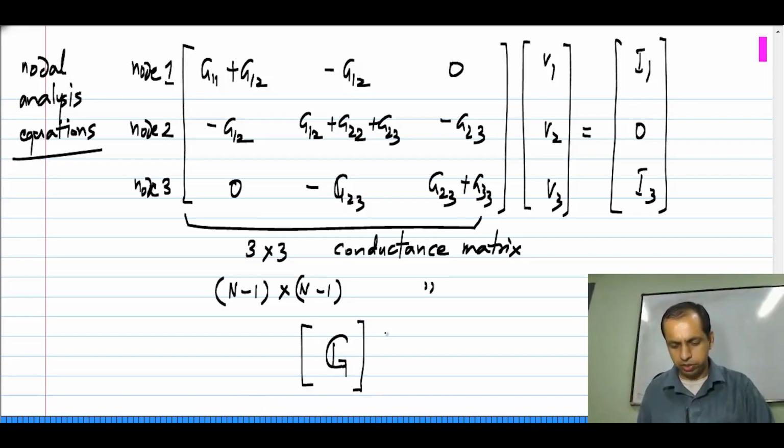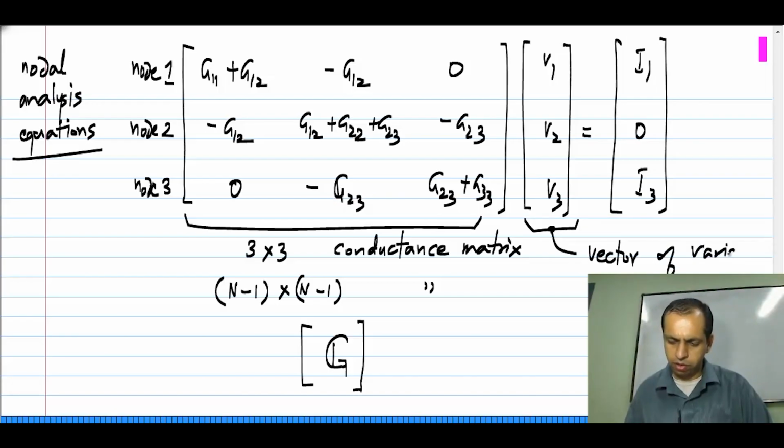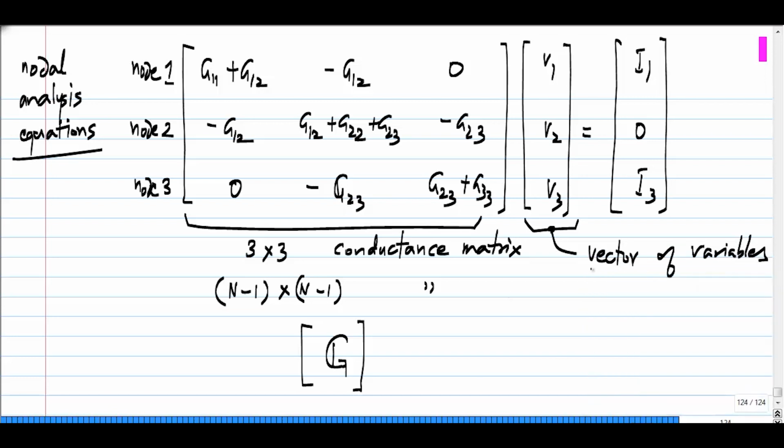I will put the square brackets to just show that it is a matrix. Okay. And what is this? This is the vector of variables, and the size of this in this case is 3, that is a 3 times 1 matrix, or in general it will be n minus 1 times 1. So, basically the vector consists of all the node voltages with respect to the reference node, and there will be n minus 1 of them. Okay.